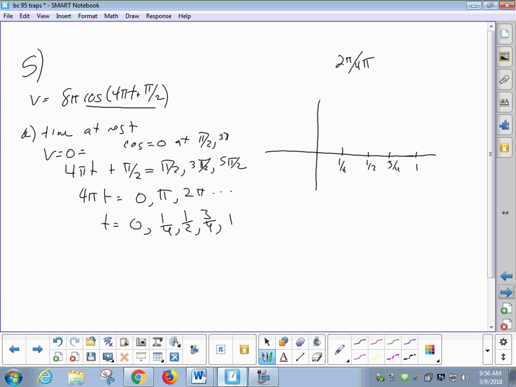What's the sign at 1/8, for example, 4 pi over 8? I think it's negative. So it's like this, boom, boom, boom. 2 pi divided by 4 pi. Yeah, the period is 1/2.